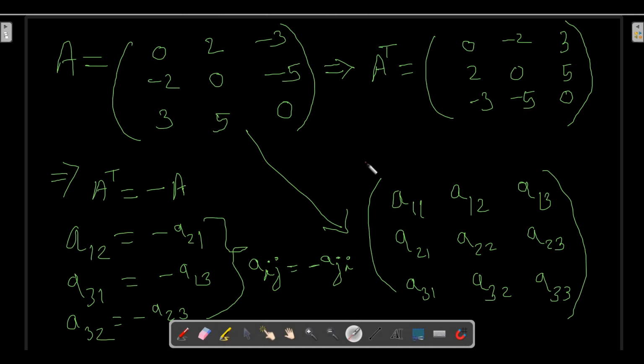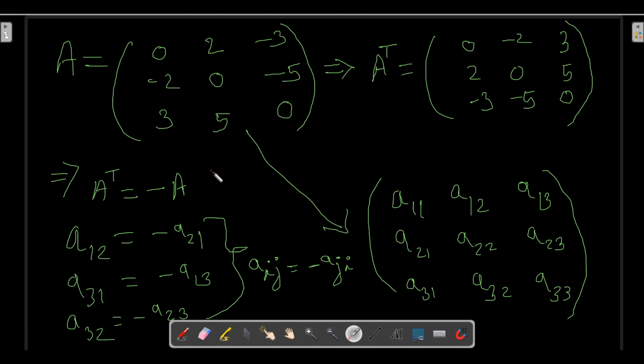Compare this matrix A with this: A11 corresponds to 0, A12 corresponds to 2, A13 corresponds to minus 3, A21 corresponds to minus 2, A22 corresponds to 0, A23 corresponds to minus 5, A31 corresponds to 3, A32 corresponds to 5, A33 corresponds to 0.